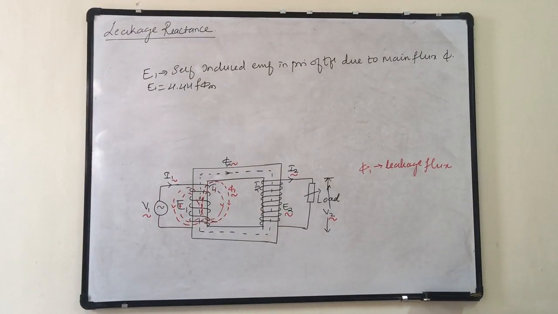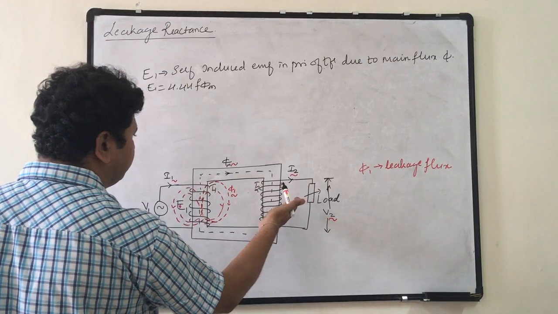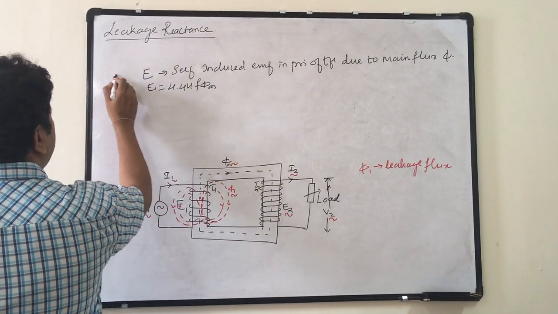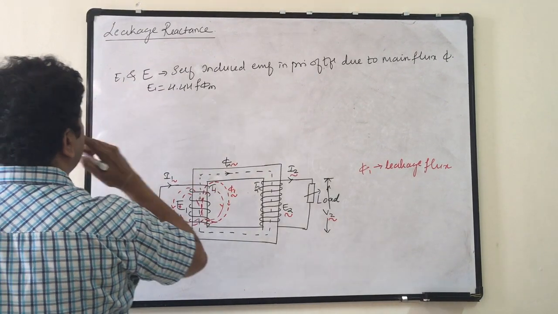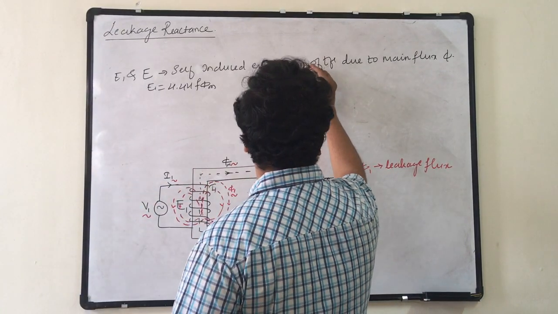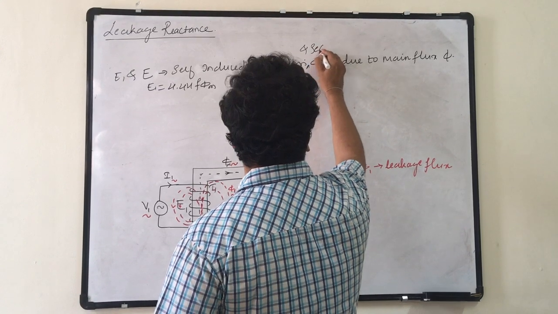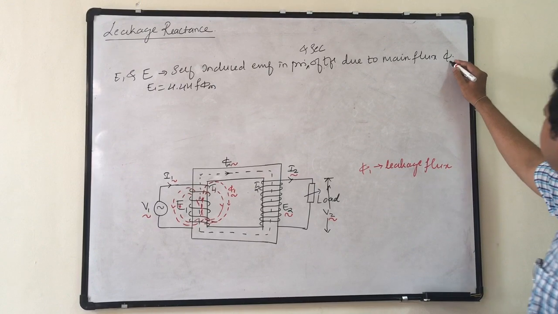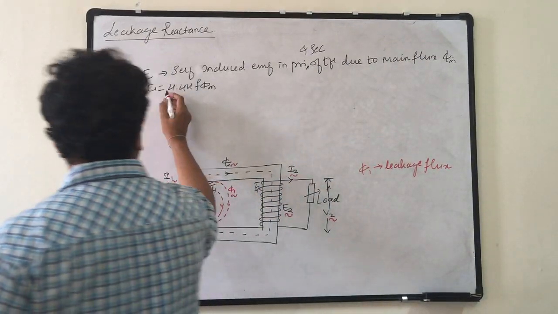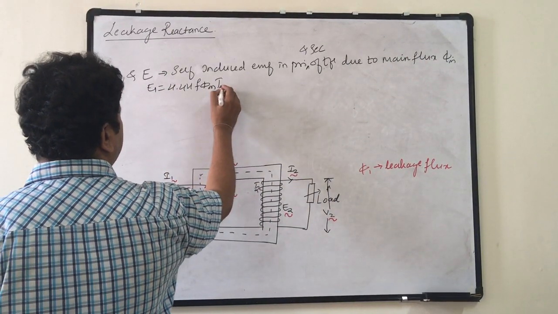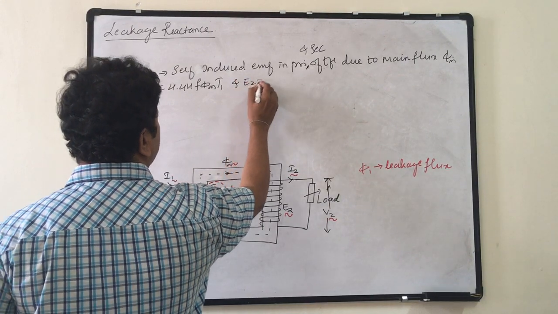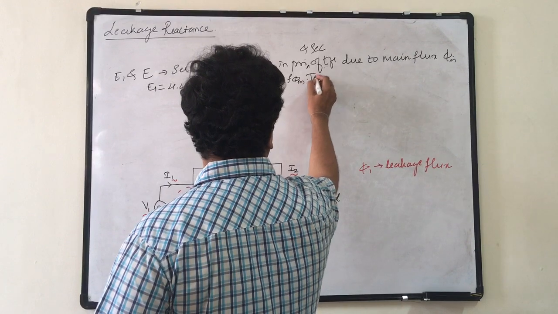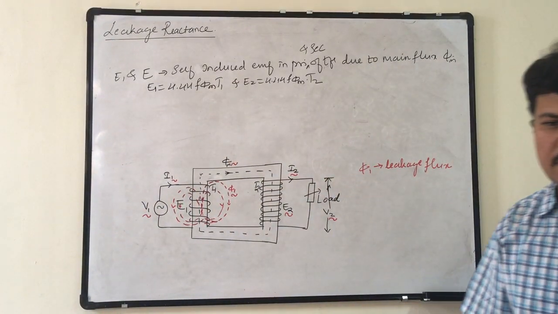Similarly, the same flux produces E2 in the secondary. You can take E1 and E2 as the self-induced EMF in primary and secondary of the transformer due to main flux phi m. So E1 is equal to 4.44 F phi m into T1, and E2 is equal to 4.44 F phi m into T2, purely based on the number of turns.